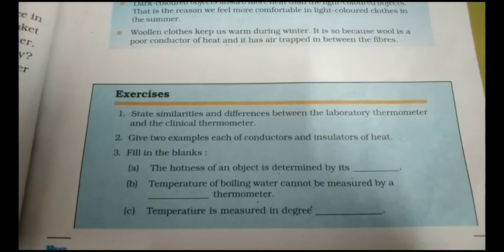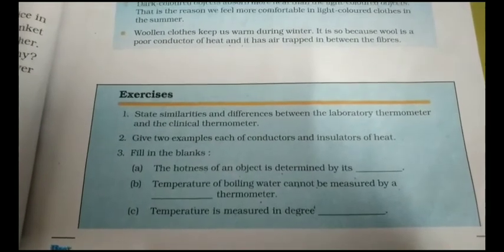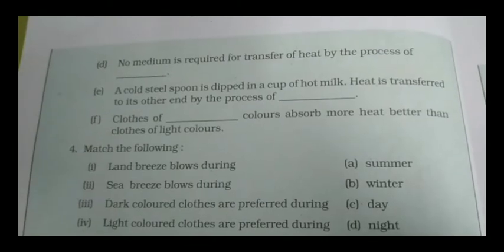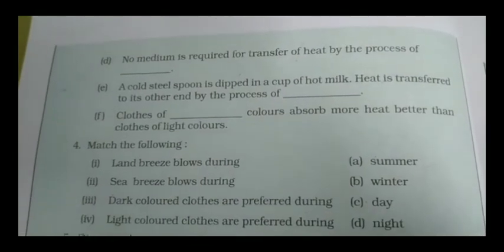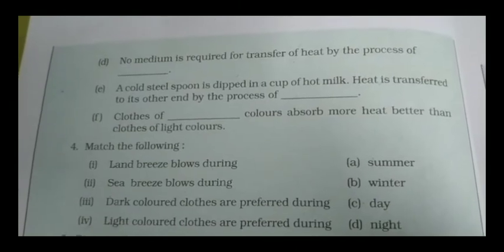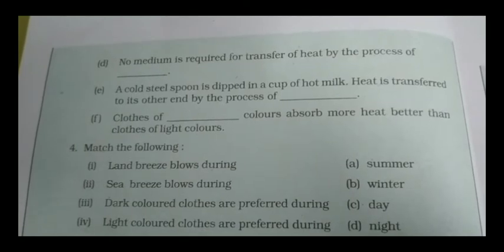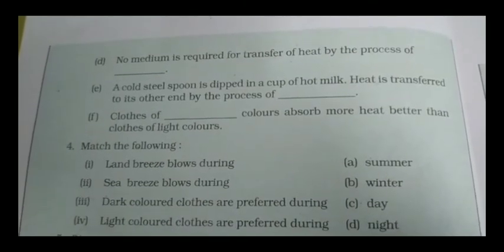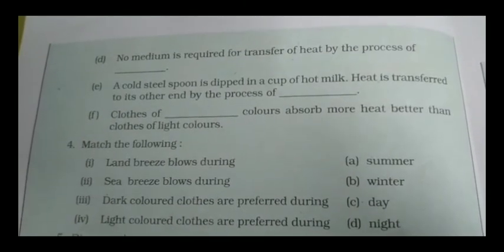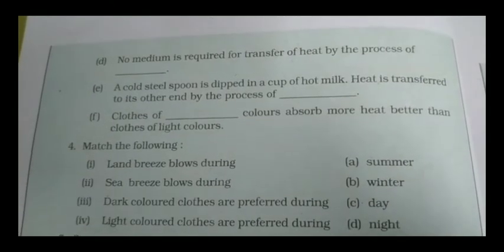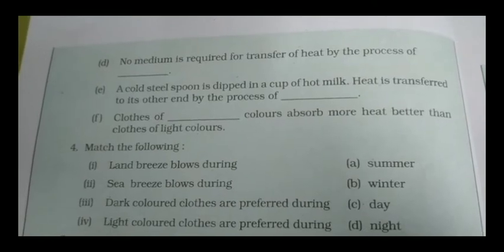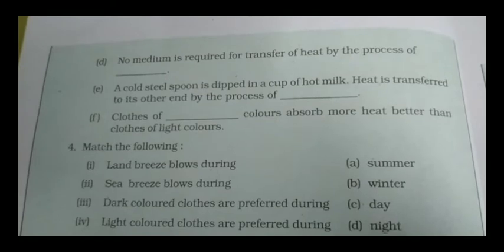Temperature is measured in degrees Celsius. No medium is required for transfer of heat by the process of radiation. A cold steel spoon is dipped in a cup of hot milk. Heat is transferred to its other end by the process of conduction. Clothes of dark color absorb heat better than clothes of light color.